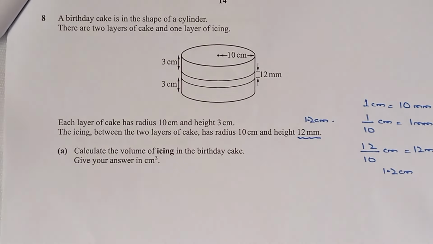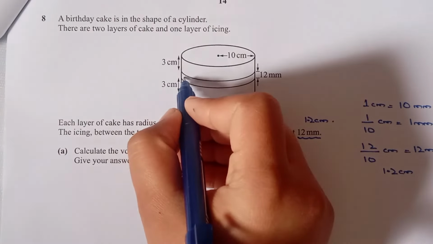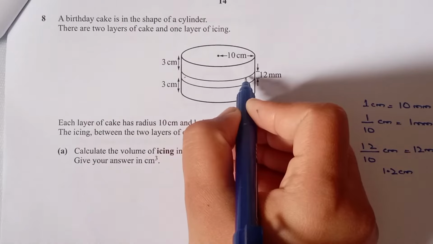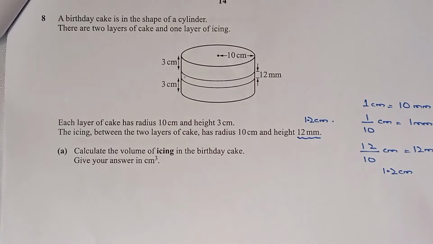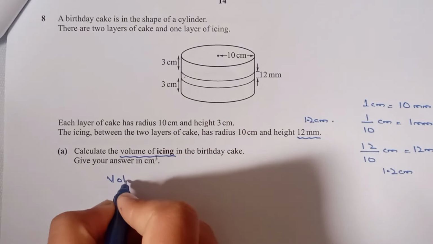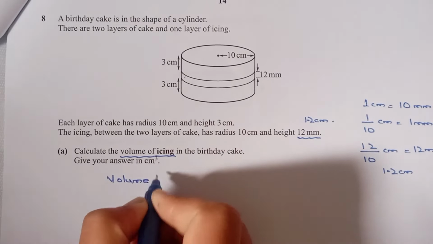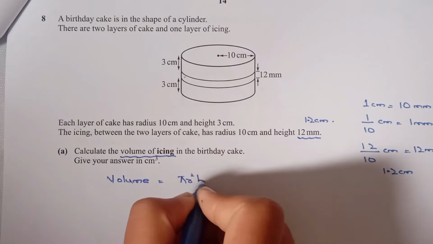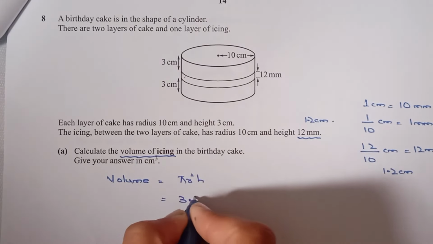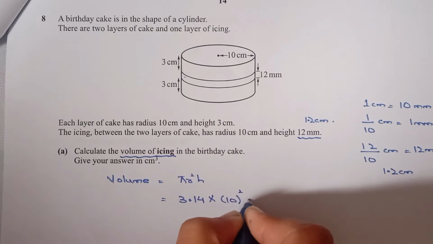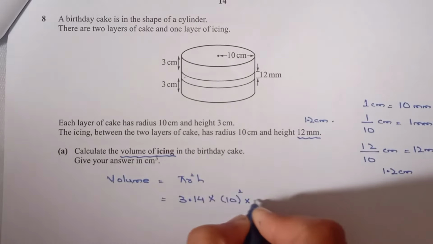So the volume of icing, this middle portion is the icing. It is also in the shape of a cylinder. So the volume of icing is basically the volume of a cylinder, right? So the volume of a cylinder is pi r square h. Pi is 3.14, radius is 10, so 10 square, and the height is 12 mm, that is 1.2 centimeter.